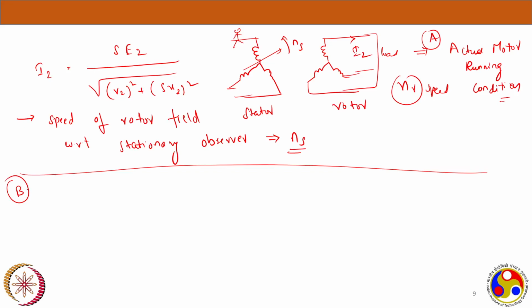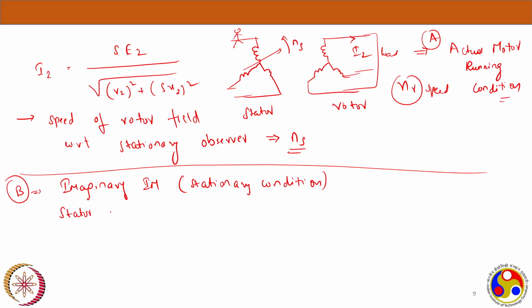This is an imaginary machine. This is not the actual motor, but I want you to imagine an imaginary induction motor in a stationary condition. See, only the rotor is locked. My stator remains the same.